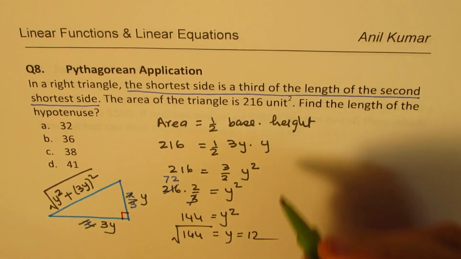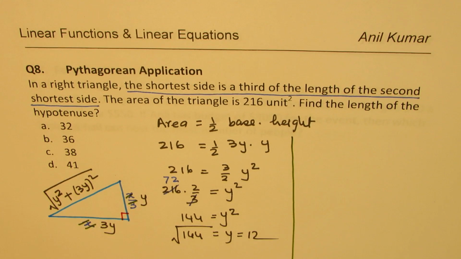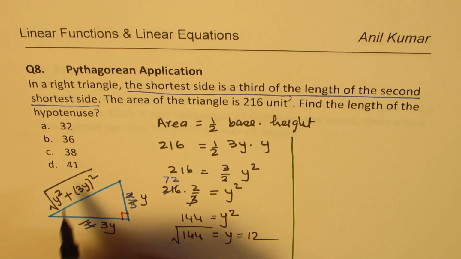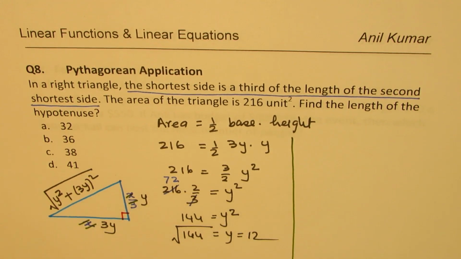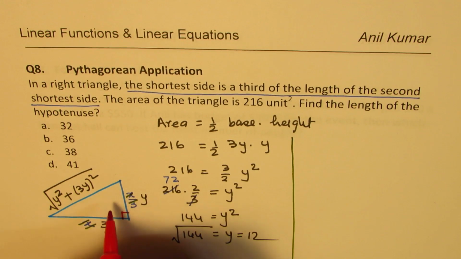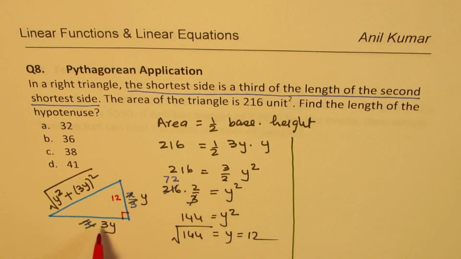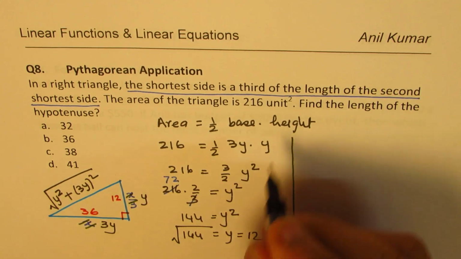Well, calculator is allowed, so you can use your calculator to find this answer. So we know y is 12. Now we need to find the hypotenuse. So 12 really means that I could write this side as 12 now, right? And the other one is 3 times, which is 36. So we know these two sides are 12 and 36. So what is the hypotenuse?